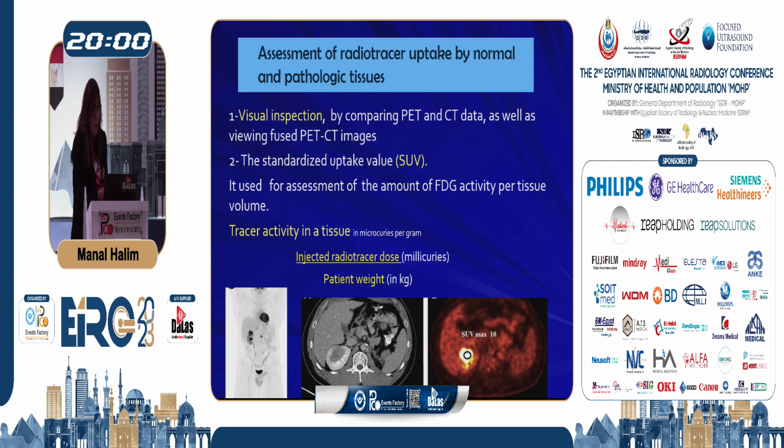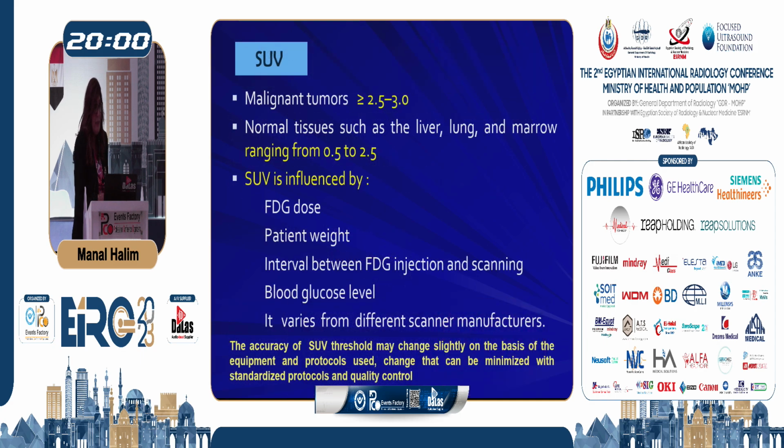The second way of assessment is the standardized uptake value, SUV. It's used for assessment of the amount of fluorodeoxyglucose activity per tissue volume. SUV in malignant tissues is about 2.5 to 3 or more, while normal tissues like the liver, lung, and marrow range from 0.5 to 2.5.